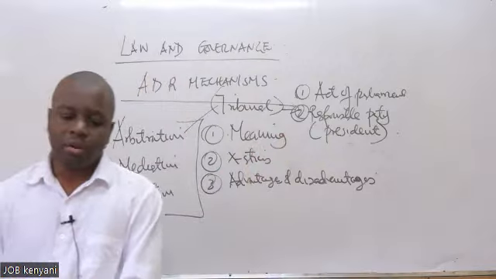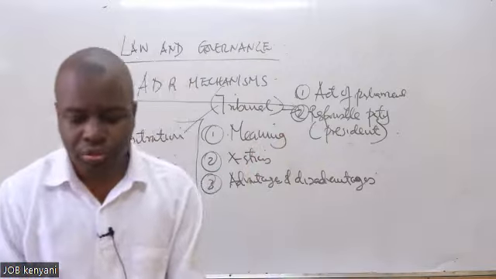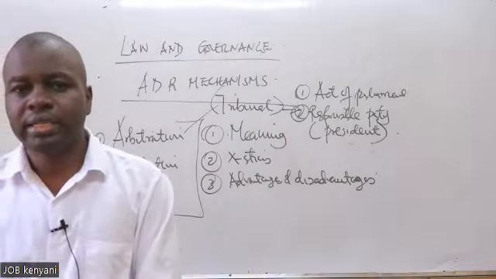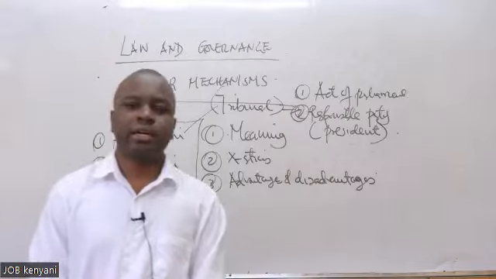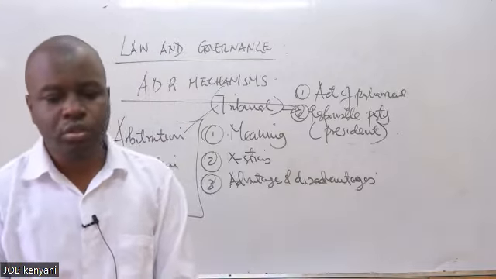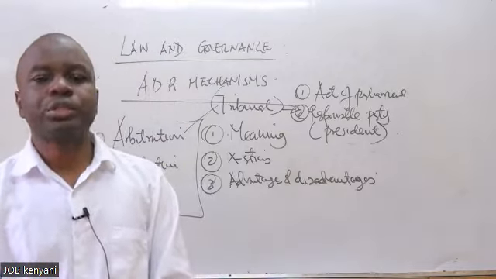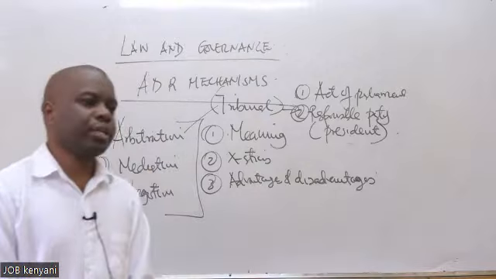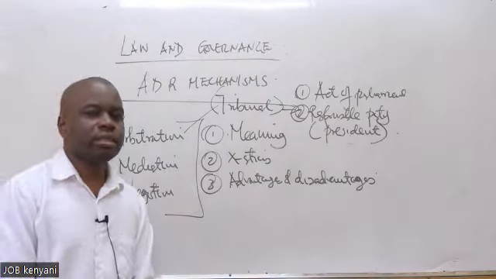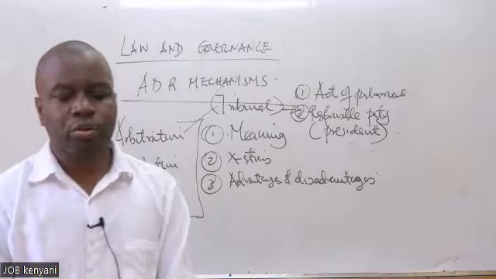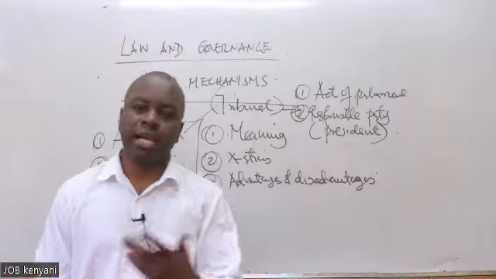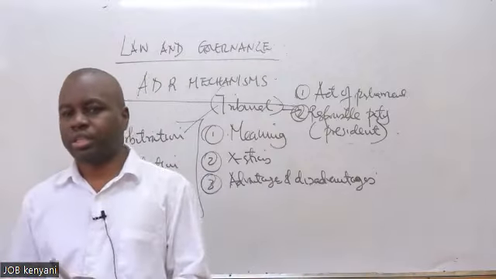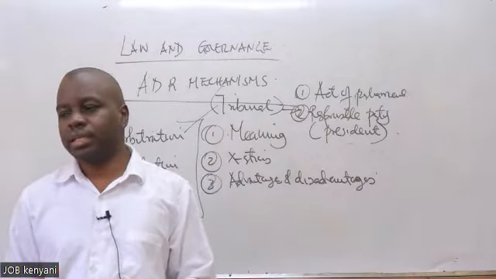Arbitral awards given by an arbitration cannot be applied in any other way or by any other arbitrators. For court rulings, there's what we call judicial precedents, which is normally seen as one of the sources of law under the topic of sources of law. So these awards cannot be applied by other arbitrators in resolving disputes.